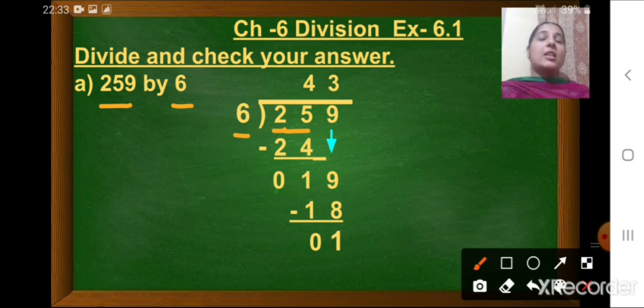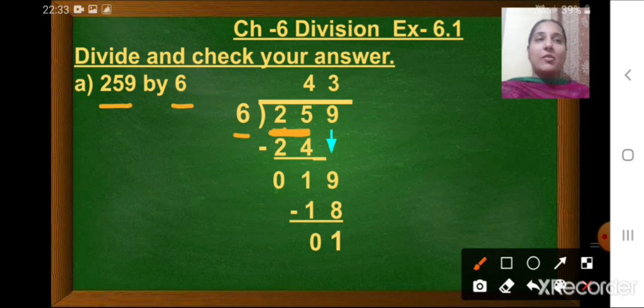So let's say the table of 6, how many times will give us less than or equal to 25. 6 1 times is 6, 6 2 times 12, 6 3 times 18, 6 4 times 24, 6 5 times will be 30, which will be more than this 25 here.